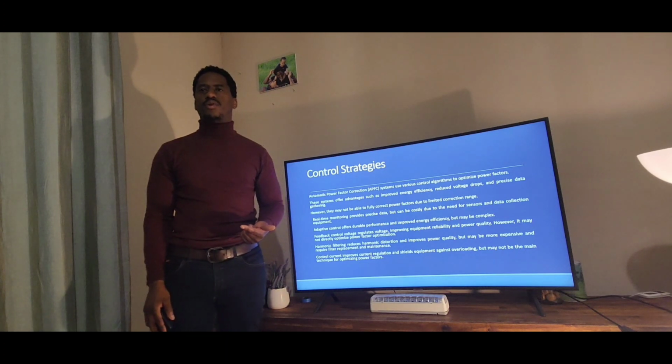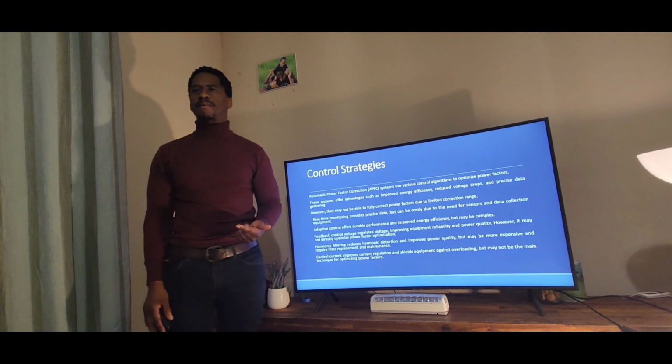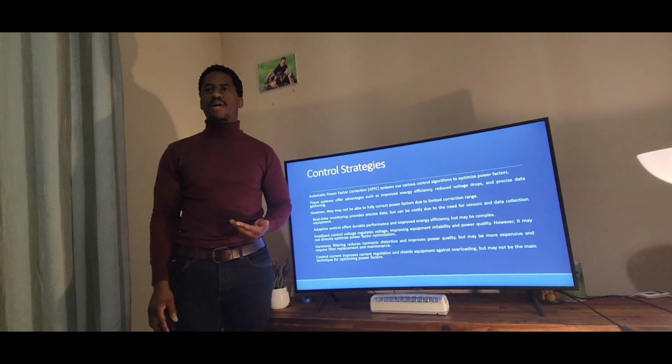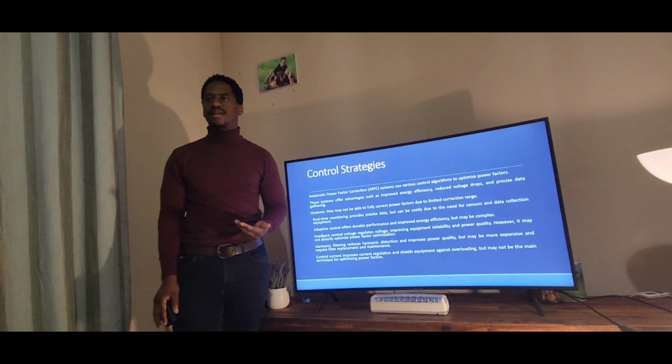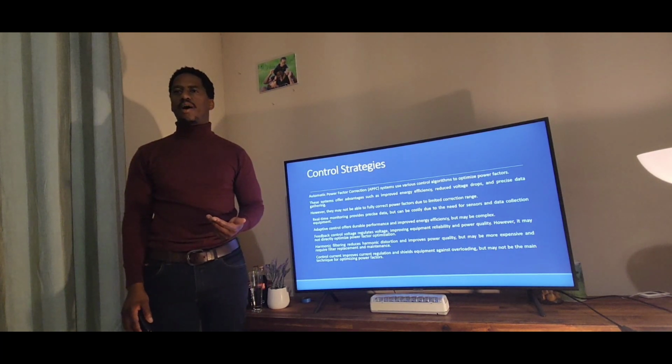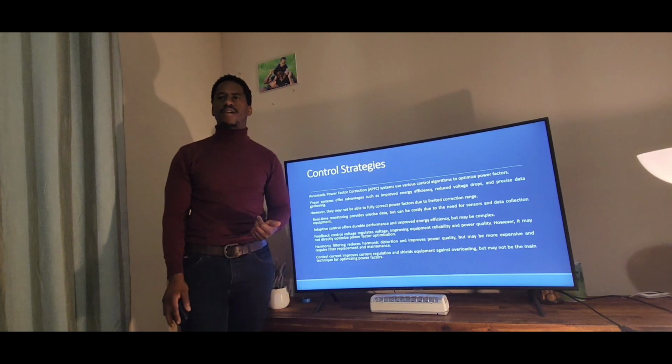Adaptive control offers durable performance and improved energy efficiency, but may be complex. Feedback control voltage regulates voltage, improving equipment reliability and power quality. However, it may not directly optimize power factor.